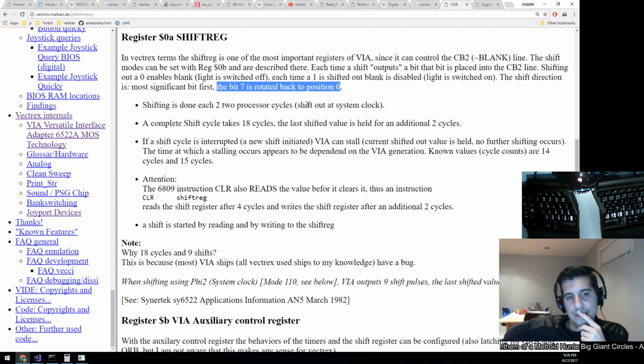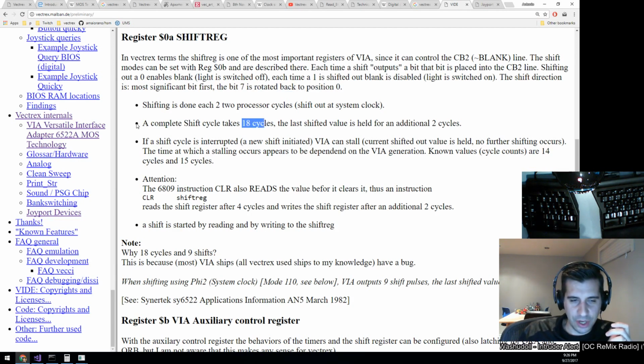So, yeah. The only thing I can think about here is that perhaps what this is saying is that you write the shift register, and upon writing to it, it will perform a full shift cycle that takes 18 cycles, right?